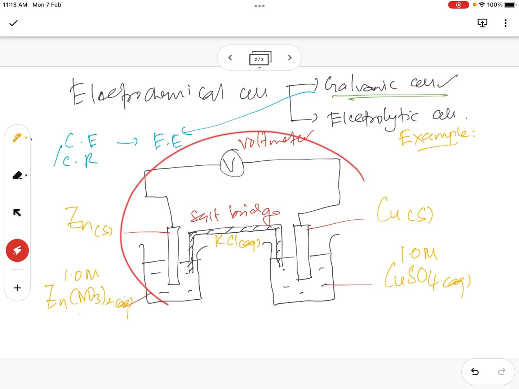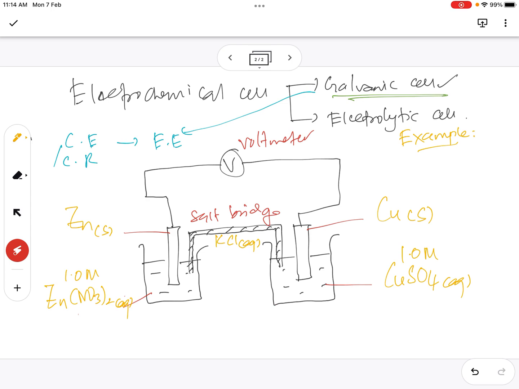Then only you can make up a galvanic cell, right? And then another important thing you take note here, this zinc electrode and copper electrode are connected by using wire. And then of course we have a voltmeter to detect the voltage generated, right? And then we have a salt bridge to connect the two aqueous solution. This is the basic galvanic cell.